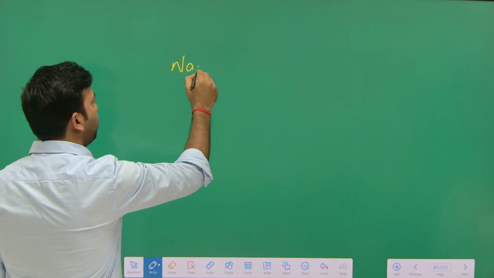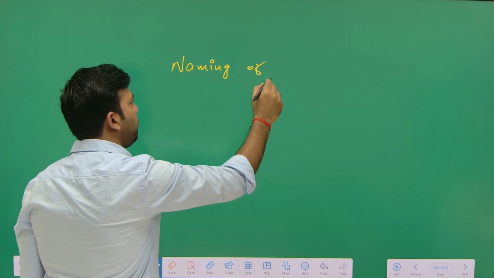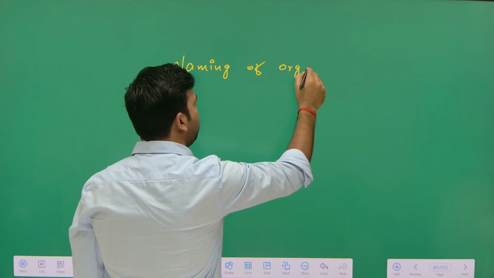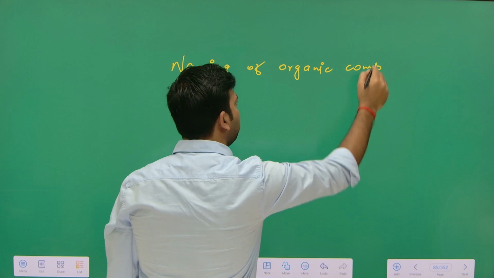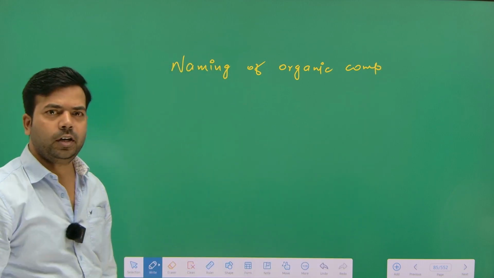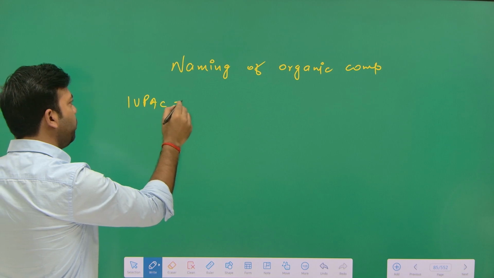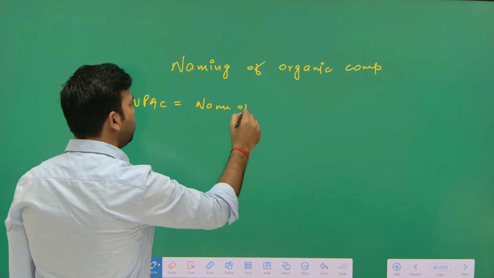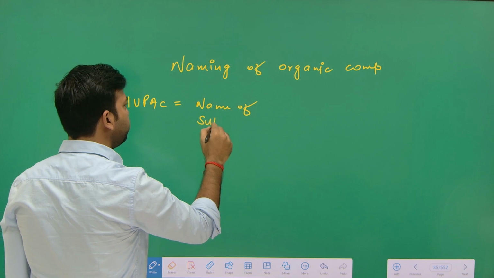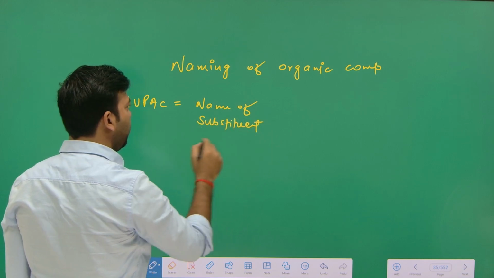Naming of organic compounds. So there is a trend in IUPAC. We have to write down the name of substituents in alphabetical order.